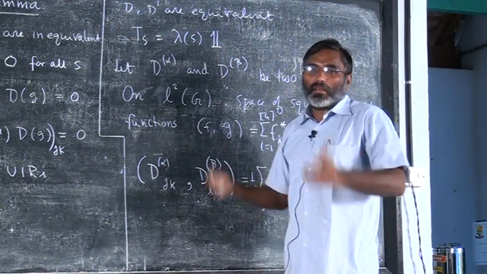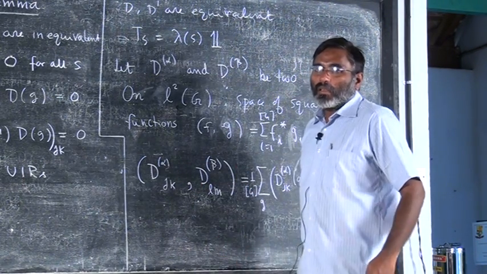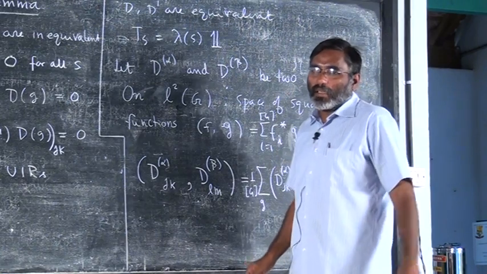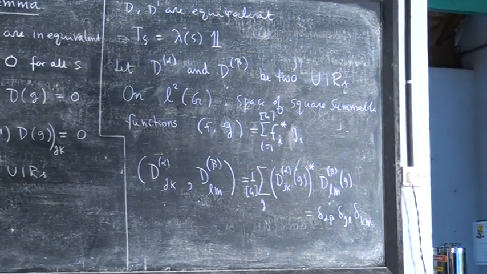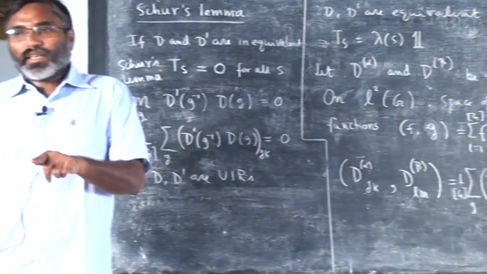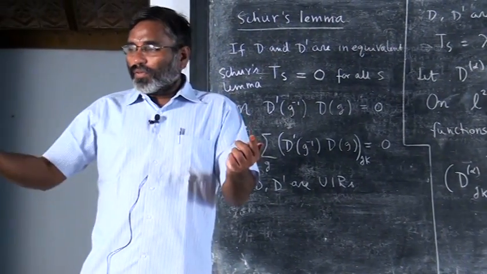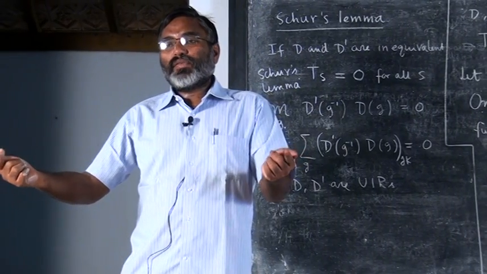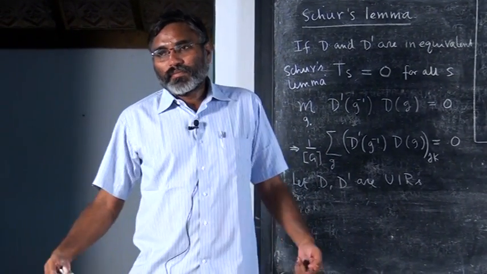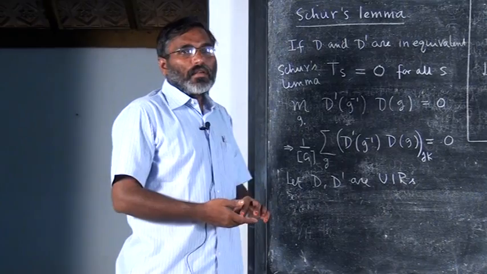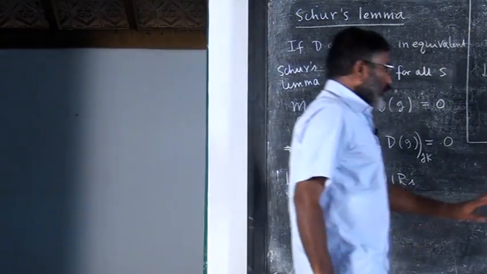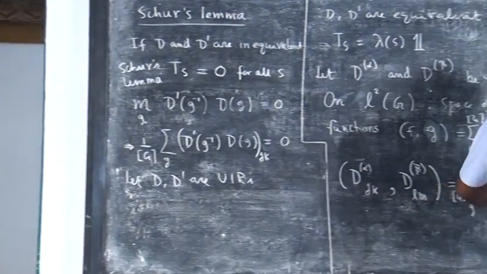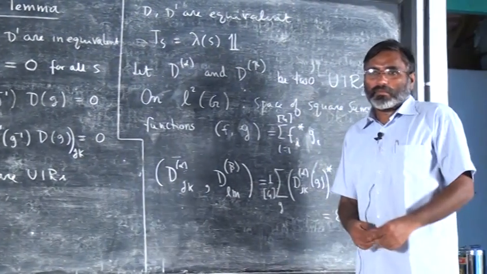So we can assume that they are equal, because every representation is equivalent to a unitary representation. So, if two are equivalent in terms of UIRs, they are equal. Now, the statement of this is called the great orthogonality theorem.